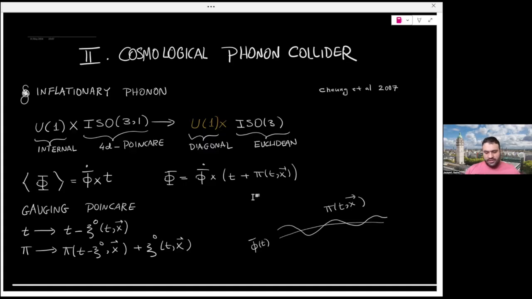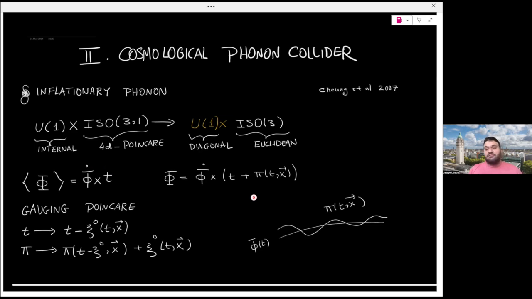So the phonon collider is basically the same as the de Sitter collider, except that we want to relax the de Sitter isometries. According to this old famous paper, Effective Field Theory of Inflation, one can think of inflation as a state of matter in which the time translation symmetry is spontaneously broken. So basically, we have an almost shift symmetric sector, with an internal shift symmetry, which acquires a time-dependent vev, almost linear in time.